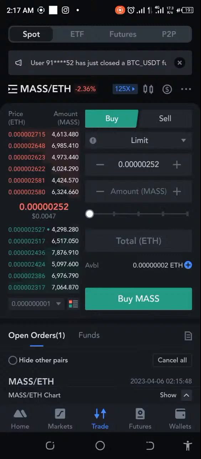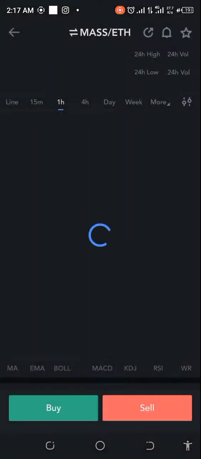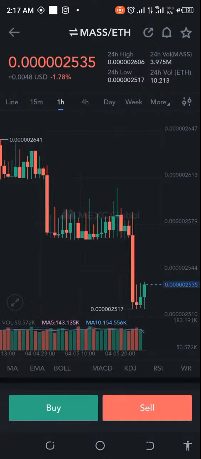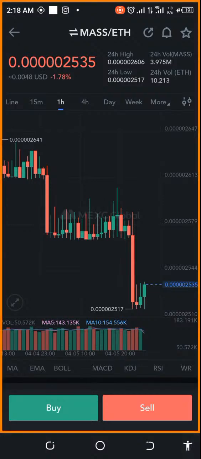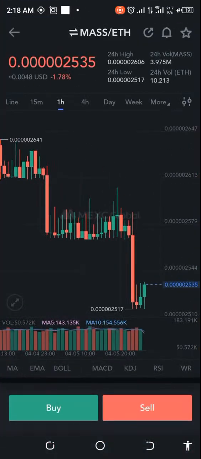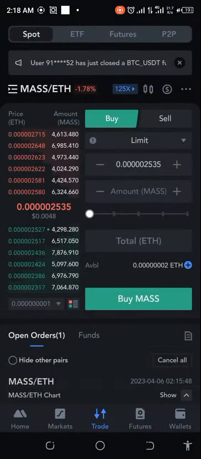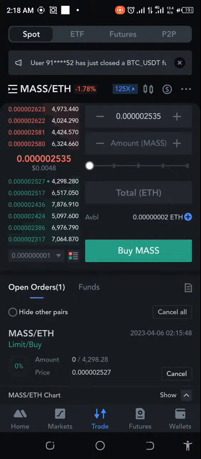So we will check the chart and see what it is looking like. Let's look at the chart. It's actually pumping. That means that we really need to go back a little downwards because it's 2535 now. What did we say? Has this gone? No, it hasn't.